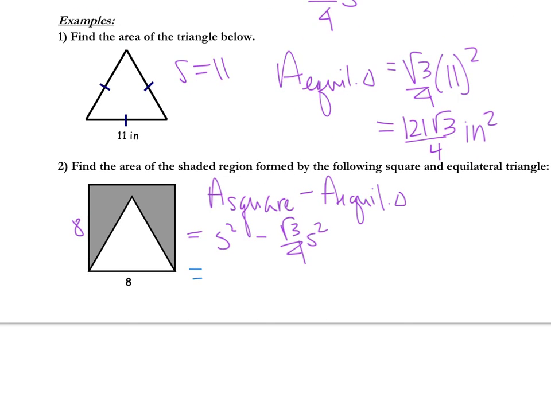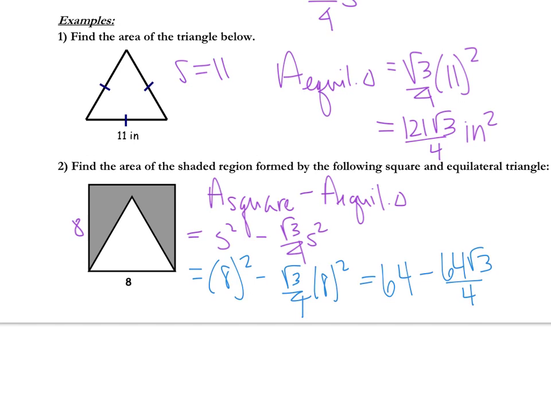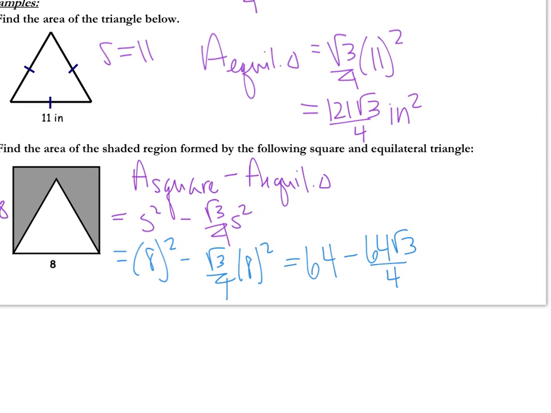So now let's go ahead and plug the numbers in. So 8 squared minus √3/4, 8 squared. So 64 minus 64 √3/4, and then you need to reduce, and you should come up with 64 minus 16 √3 units squared.